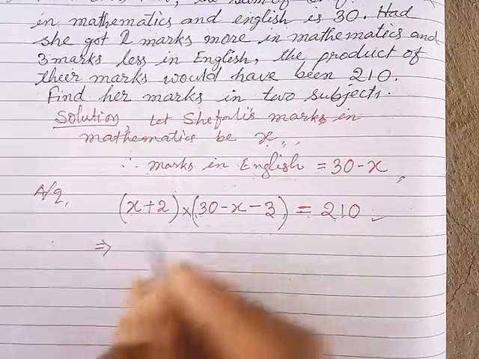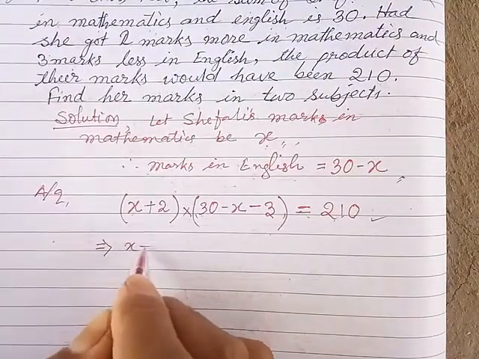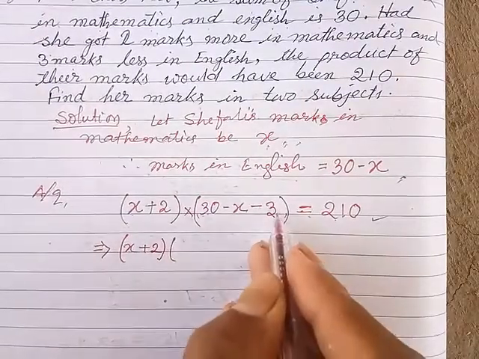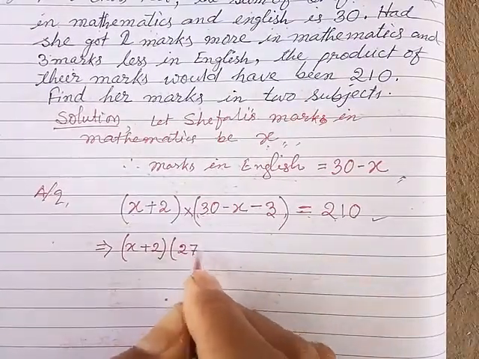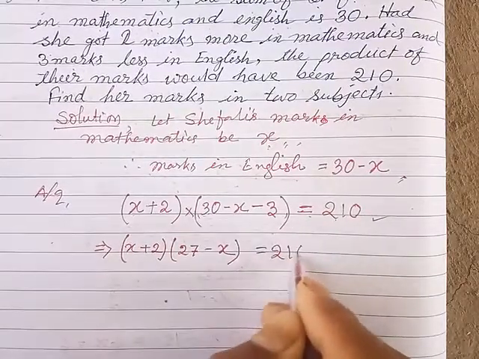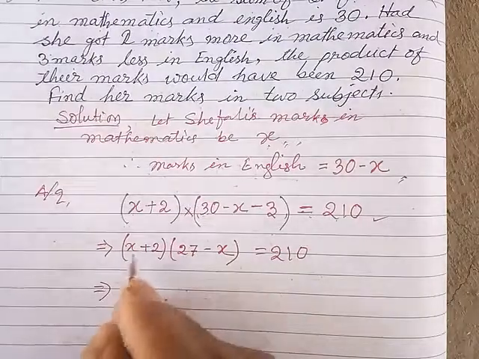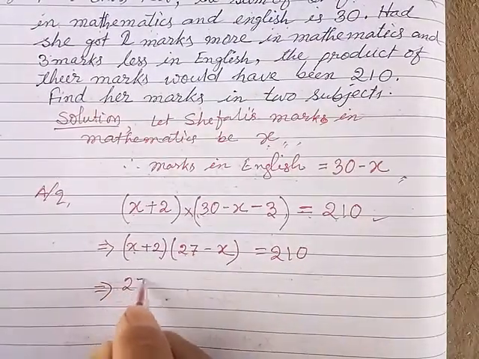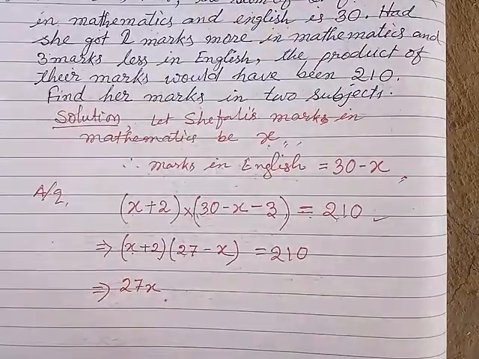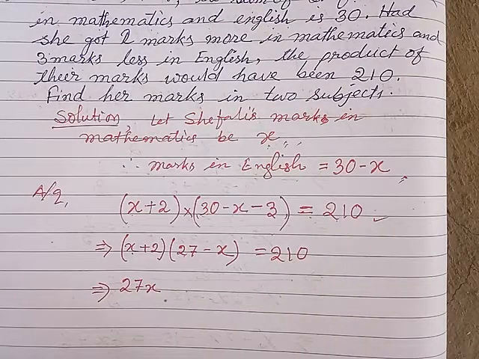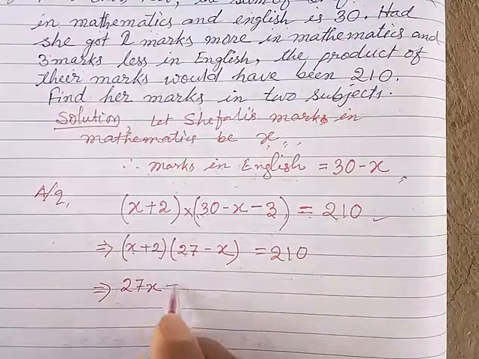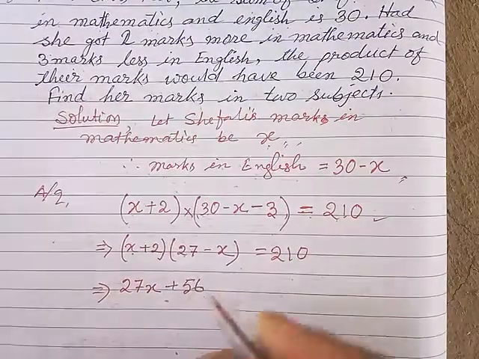So to solve it, make it simple. X plus 2 into 30 minus 3, it will be 27 minus X, equal to 210. Let us multiply X into 27, 27X, 2 into 27, it will be plus 54.